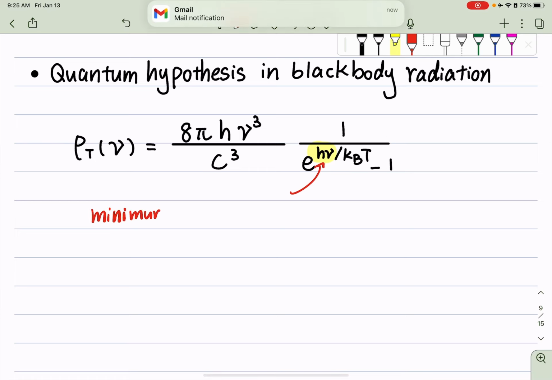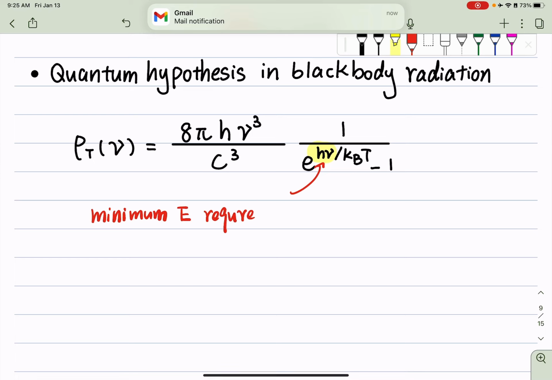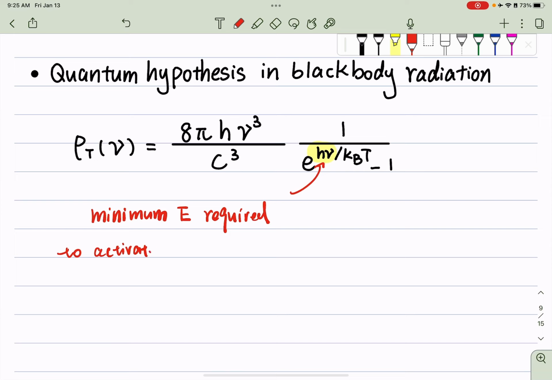That's the minimum energy required to activate an oscillator of frequency mu.